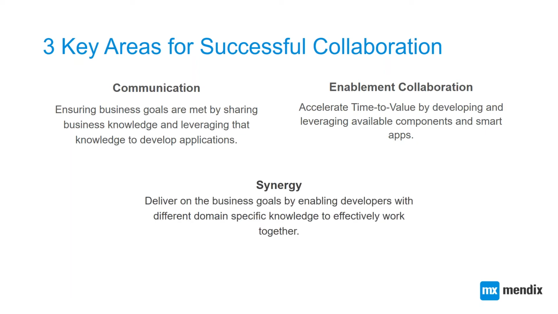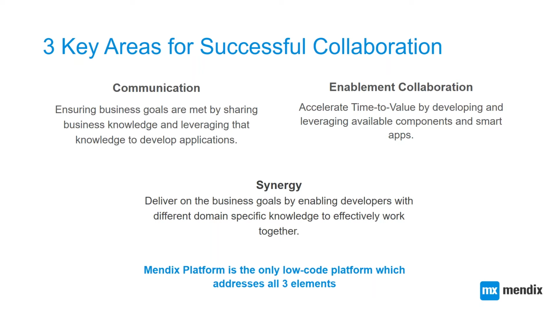And the third one is synergy. So making sure that you have one application and one tool which allows you to share the same sort of experiences and the same language so that you can communicate with both the business and IT in the same language and same process. Mendix is the only low-code platform that addresses all 3 areas.